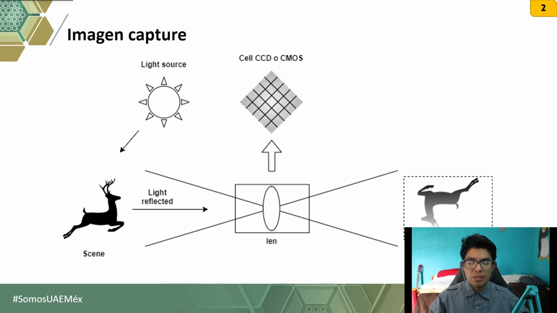Sometimes the lens is used to give a specific form or specific characteristics, because some lenses shape the whole scene that is captured by the sensor, which is the CCD or CMOS cell, a specific technology.